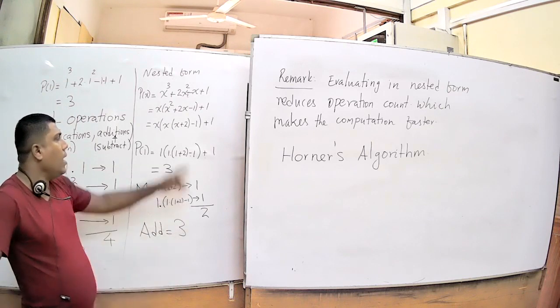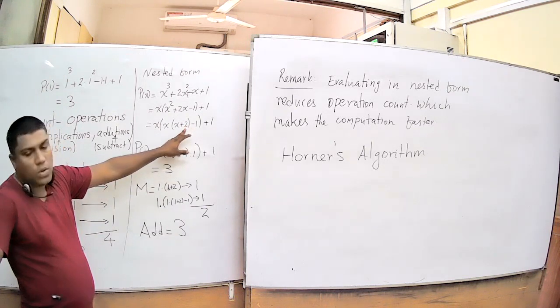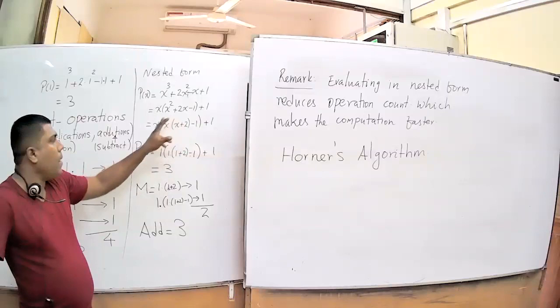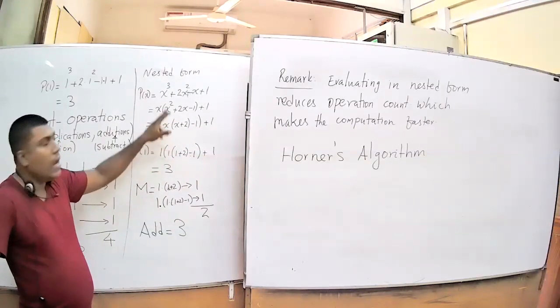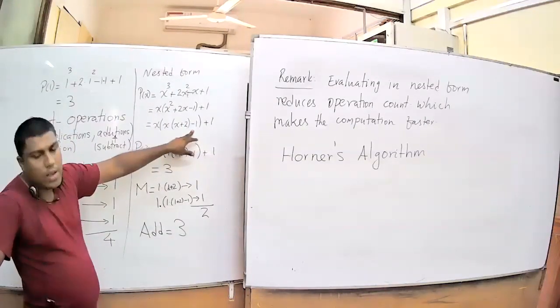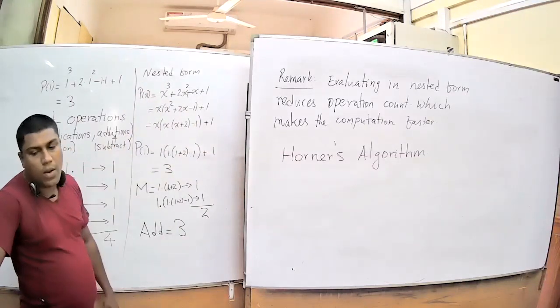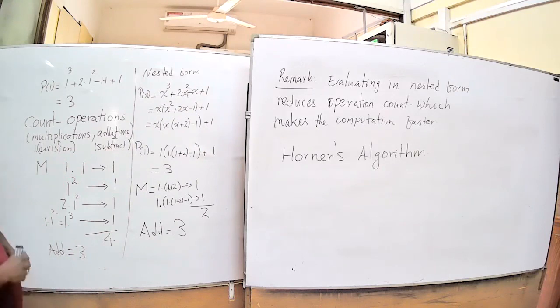take x plus 2, so 1 plus 2, and multiply it by 1, and then subtract 1, and then multiply again by 1, and then add 1. That is the process Horner's algorithm is going to do.